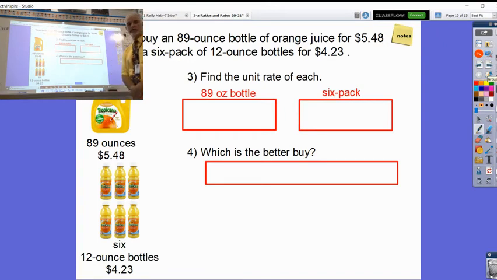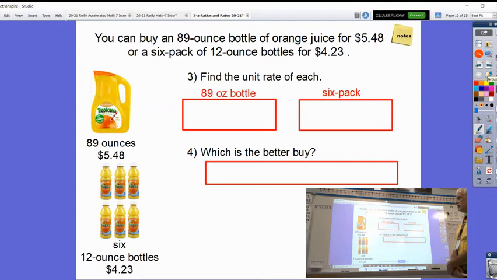All right, so here's one for you to do, comparing orange juices. You can buy a single big jug of orange juice for $5.48, or you can buy a 6-pack of 12-ounce bottles of orange juice for $4.23.